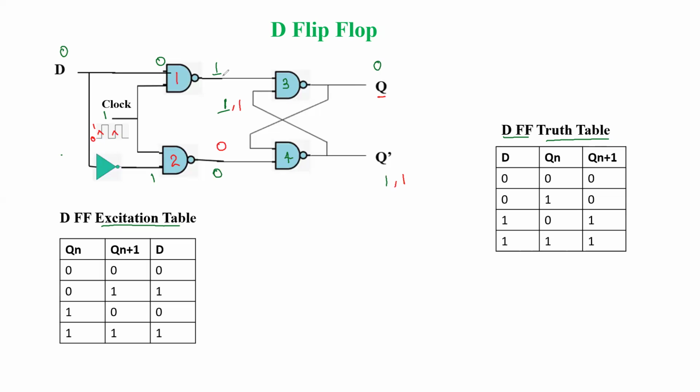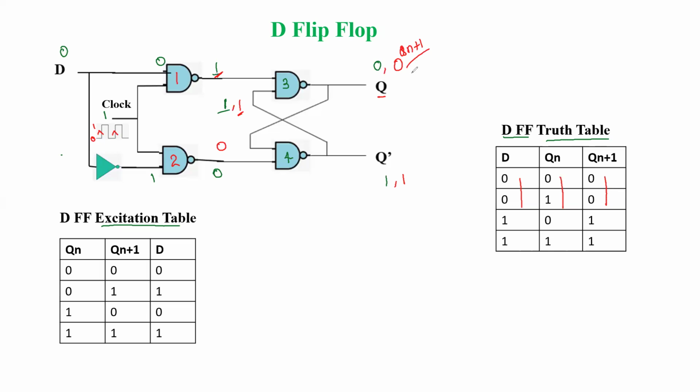Already here we have 1, and this is also 1. So finally the output of the NAND gate is 0. There is no change in the output. So in this condition, when D is 0, whether Qn is 0 or 1, the next state is 0 only. This represents the next state.